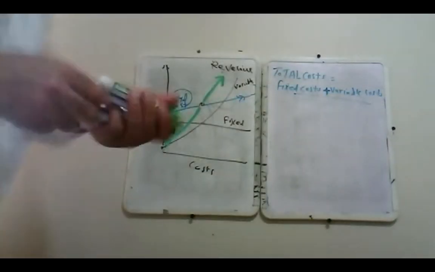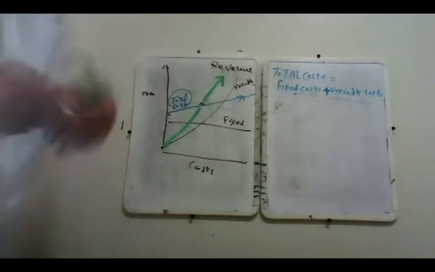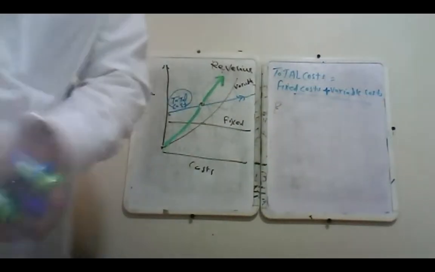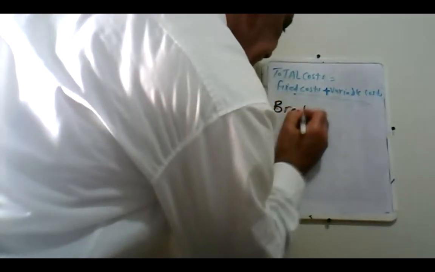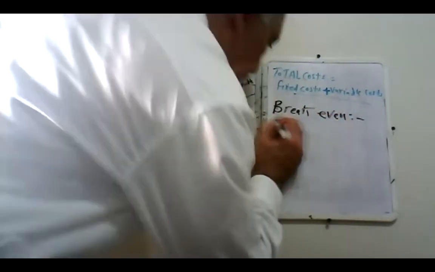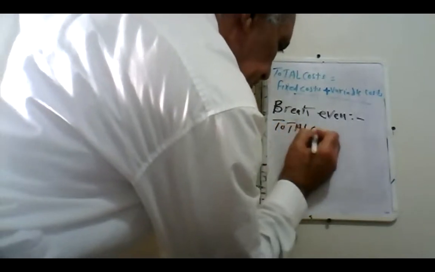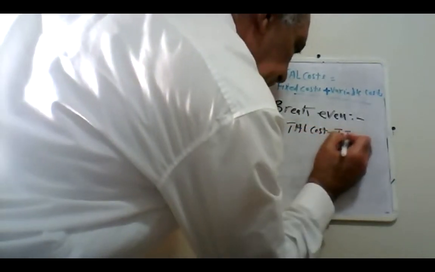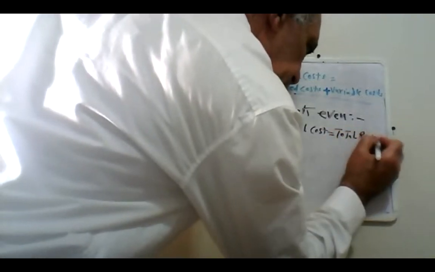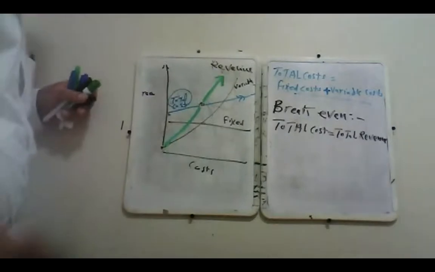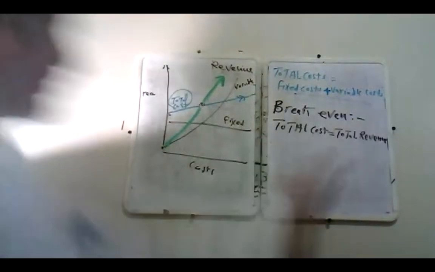Break-even will happen when total costs equal total revenue. When total costs equal total revenue, this is the break-even point, when both of them are the same.